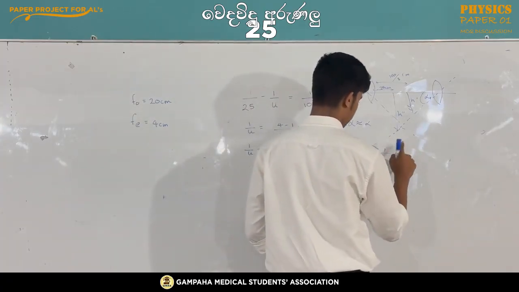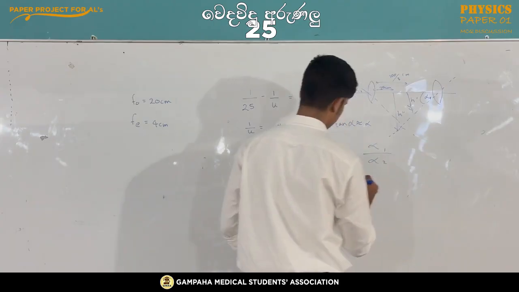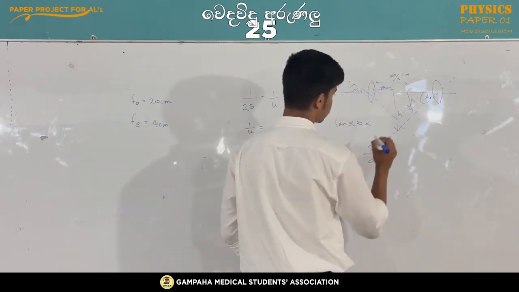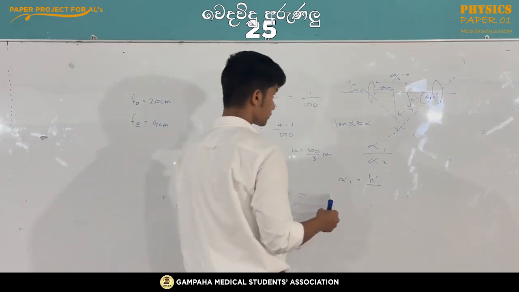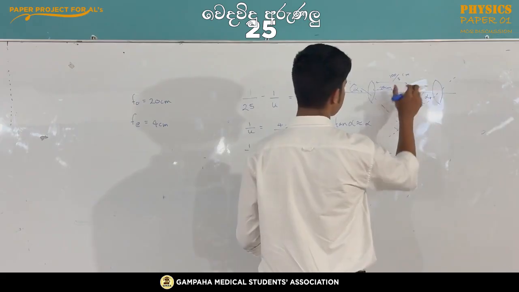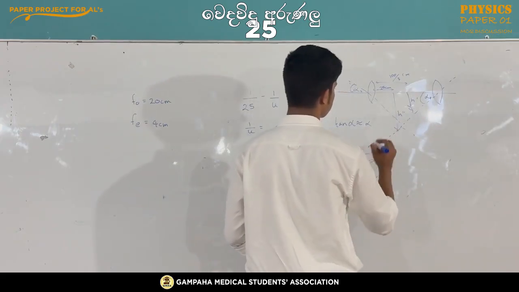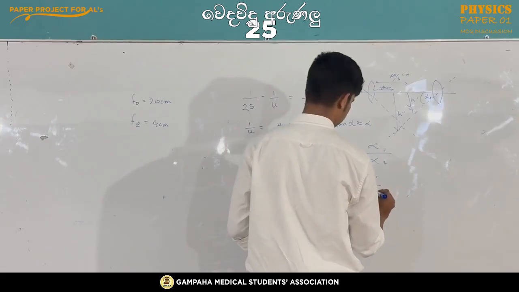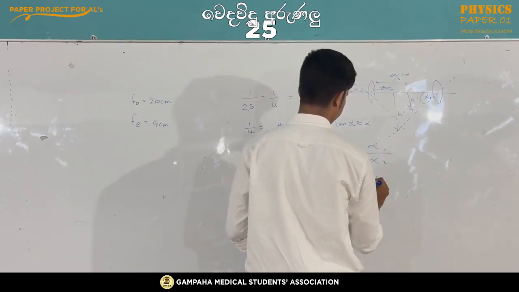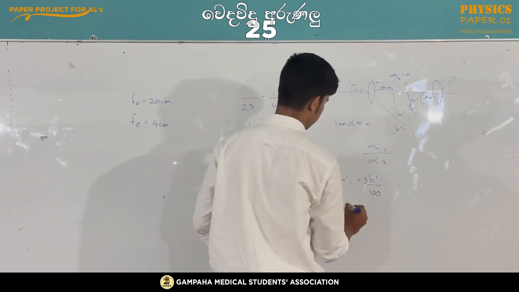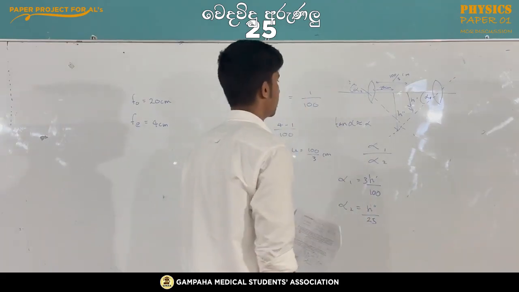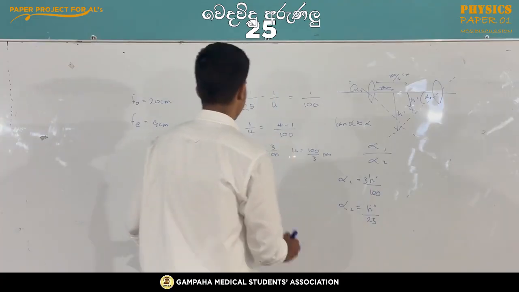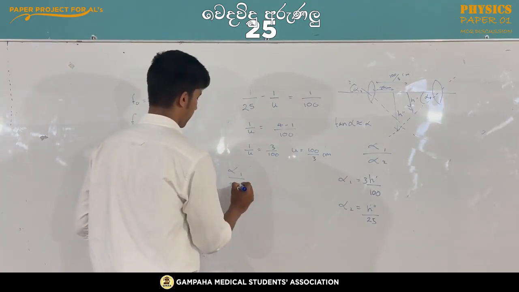Therefore, alpha 1 is equal to h dash over (100 over 3). Alpha 2 is equal to h double dash over 25. Thereafter, we get the ratio of alpha 1 and alpha 2.